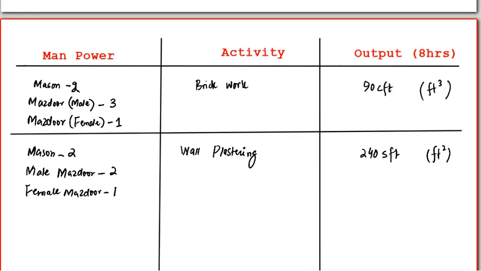So this quantity of manpower can do 240 square feet of wall plastering within 8 hours.